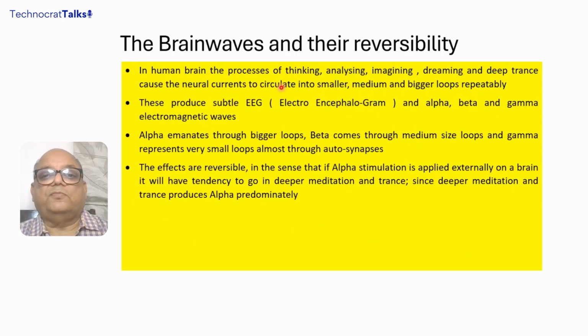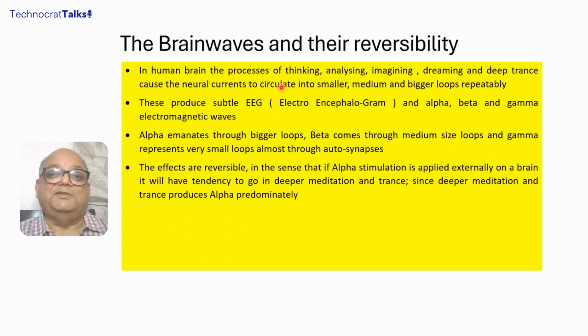Suppose alpha is emanated when somebody goes into deep thought or deep trance. A calm, composed person going into deep meditation produces alpha. Now if somebody puts an electrode and replays that alpha waveform, or gives alpha stimulation to the brain, it has a tendency to go into deep trance.